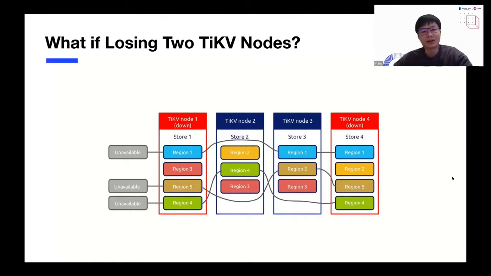As a result, those regions will lose the majority of the replicas. By design, because we are using Raft, the consensus protocol, losing the majority means that those parts of the data are unavailable. What's more, in this scenario, the cluster wouldn't be able to recover by itself, and it needs human intervention to bring the cluster back up.